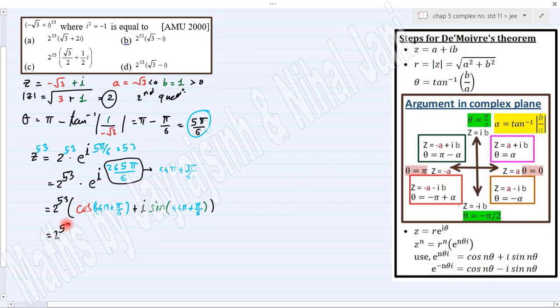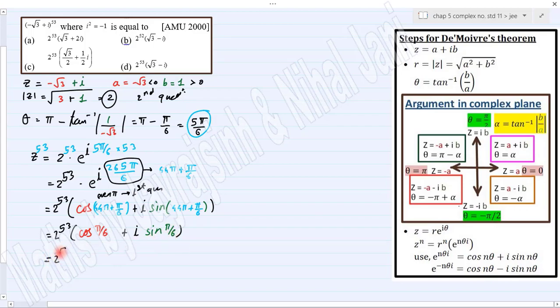So still 2 raised to 53 remain as it is, cos 44 pi, or we can say even pi plus pi by 6 into the first quadrant, where cos and sine both are positive. So we will get cos pi by 6 plus i times sine pi by 6.